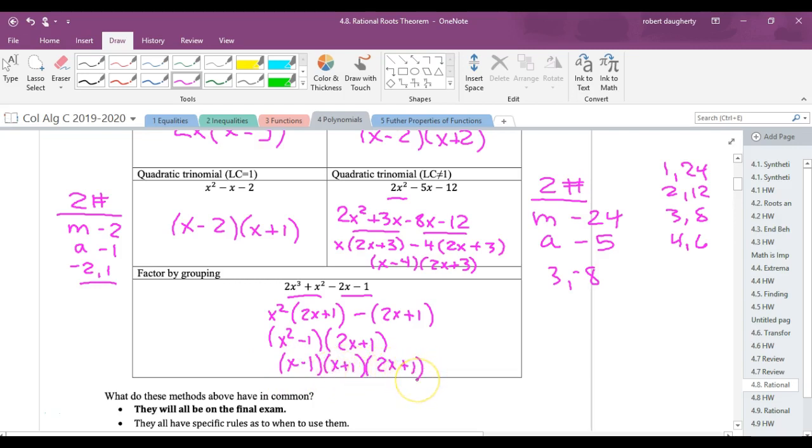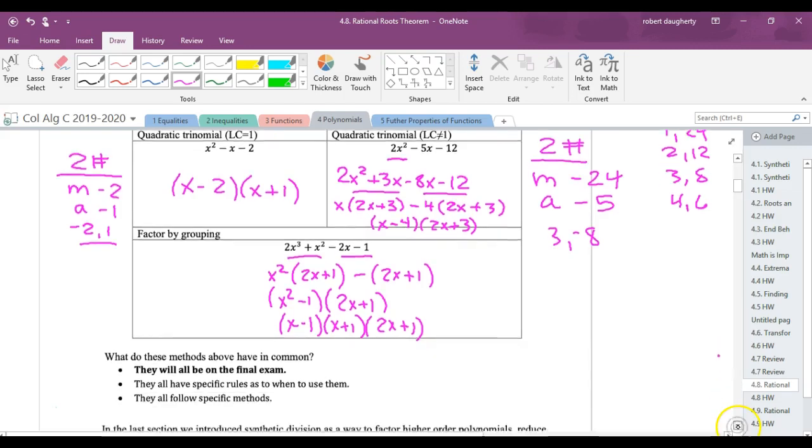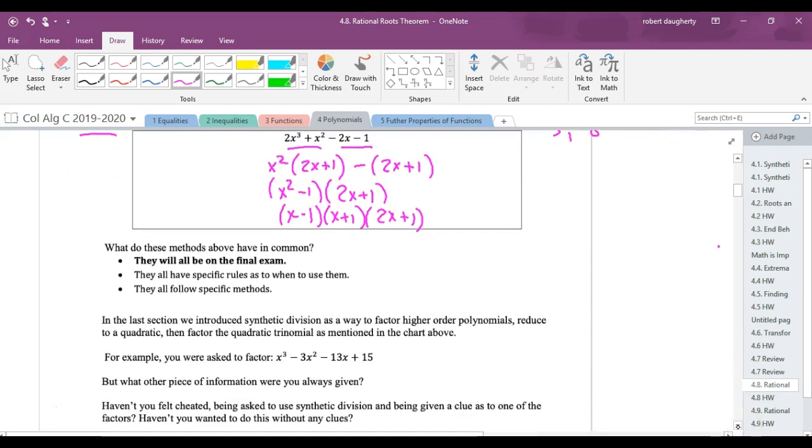Okay, so this is just a real high level of the different things we did factoring wise so far in the class. What do these things all have in common? What does it say there in bold? They will all be on the final exam. Okay, so that's one thing they have in common. They're all specific cases of when we use these methods. You know, when can I use difference of squares?